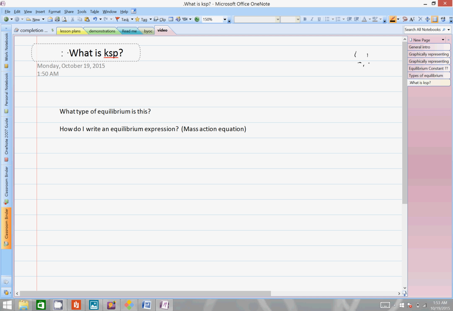We already know, review from previous videos, that equilibrium is a competition between a forward process and maybe even a reverse process.